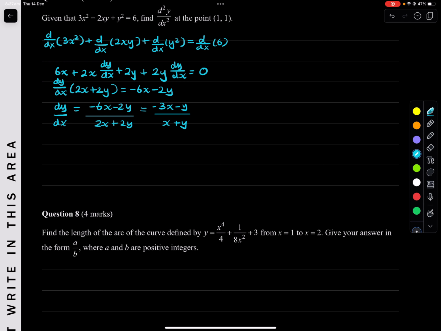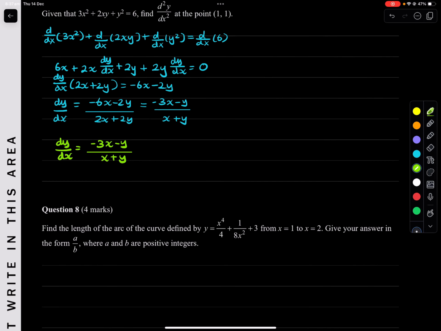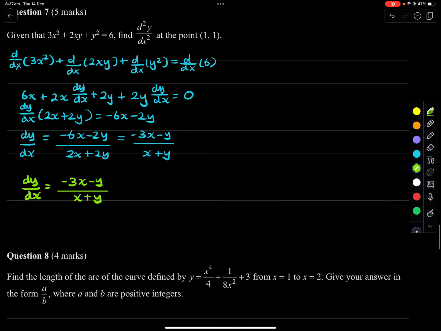So again, let's write that first down. So dy dx hence is just negative 3x minus y all divided by x plus y. Of course, we're going to have to use the quotient rule because we have two things divided by each other. So let's use that.